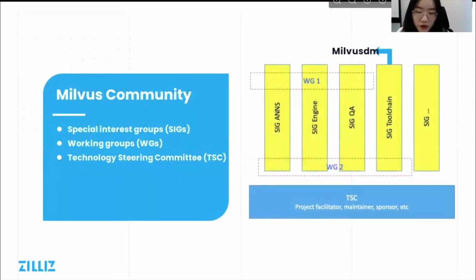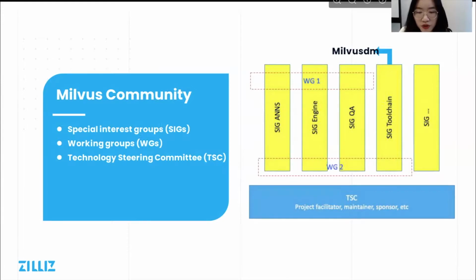We are going to build a community-driven open source AI project, and there are three types of community organizations, including special interest groups, working groups, and the technology steering community.